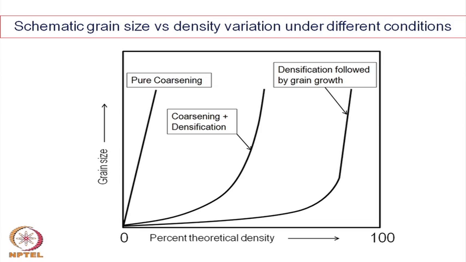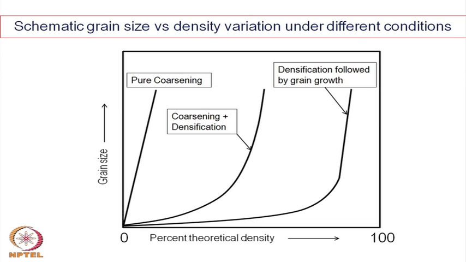From a porous material we proceed towards a dense material, and of course the idea is to reach the theoretical density, 100% density, where all the pores must be removed. But it does not take place just like that. It is also associated with many other effects.